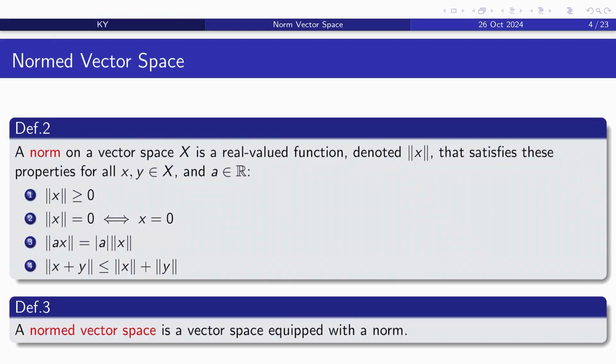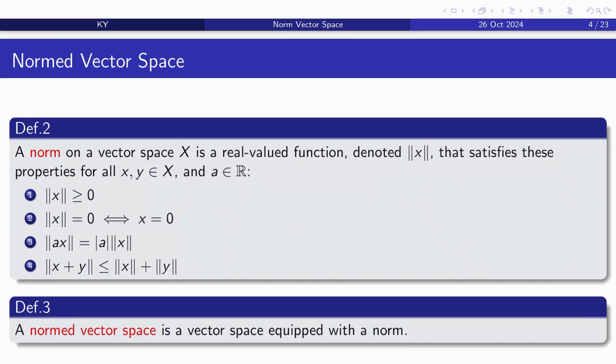The first one says that the norm has to be non-negative. The second one says that if we have a vector whose norm is 0, then the vector itself has to be the 0 vector.